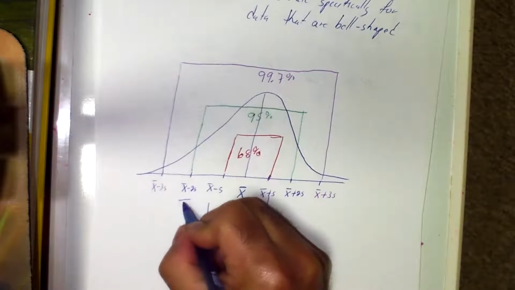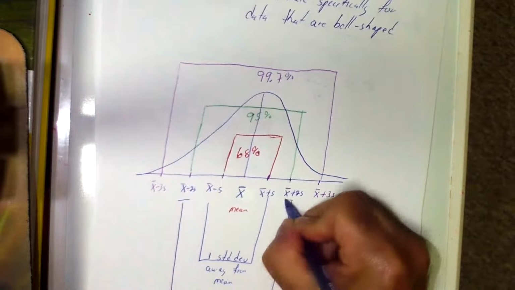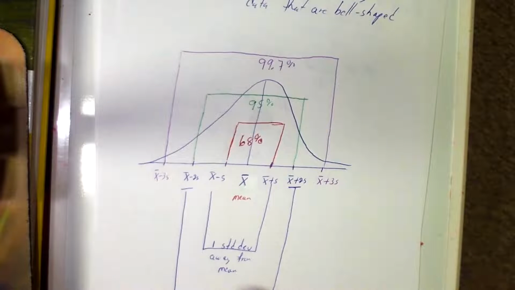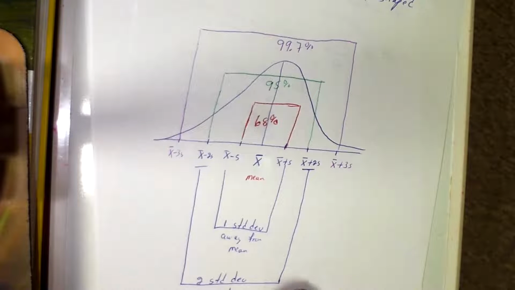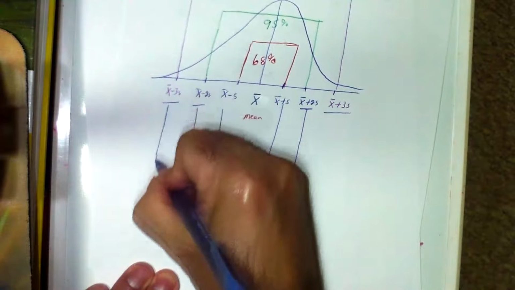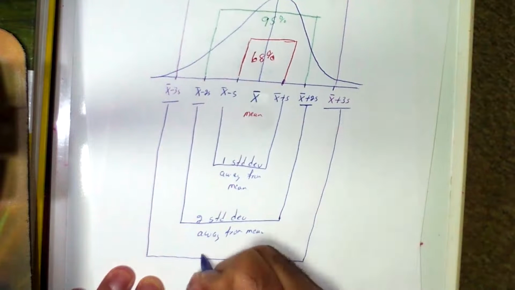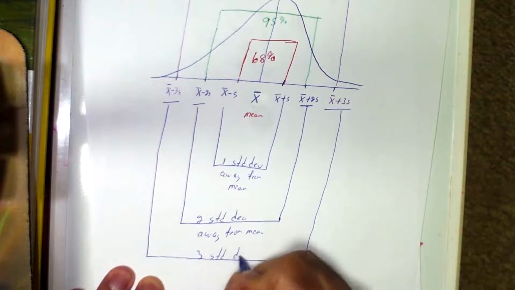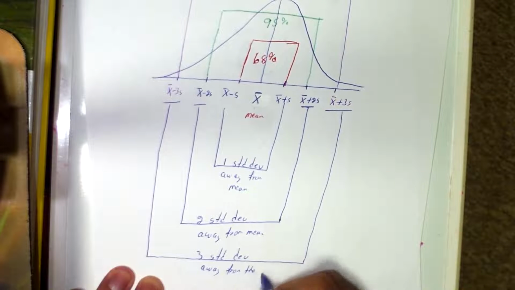Then this area from there to there represents 2 standard deviations away from the mean. And then this area here from there to there is how many standard deviations from the mean? 3 standard deviations away from the mean.